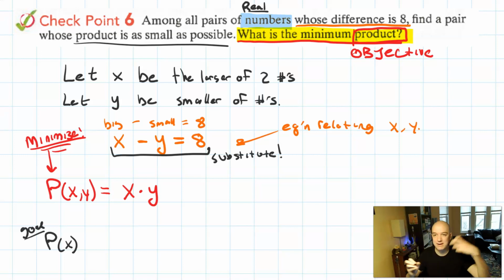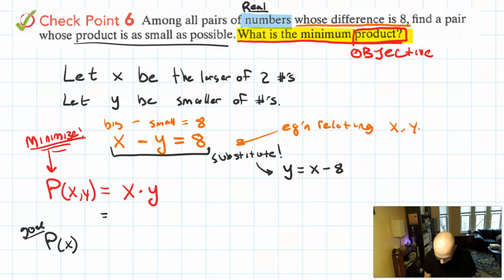So I've got to take my first equation that relates x and y and use it to get rid of the y, basically. If I want to get rid of y, I need to solve for it. So solving by adding y and taking away 8, y is x minus 8, right? That makes sense: if you have the bigger number and you take away 8, you should get the smaller number.